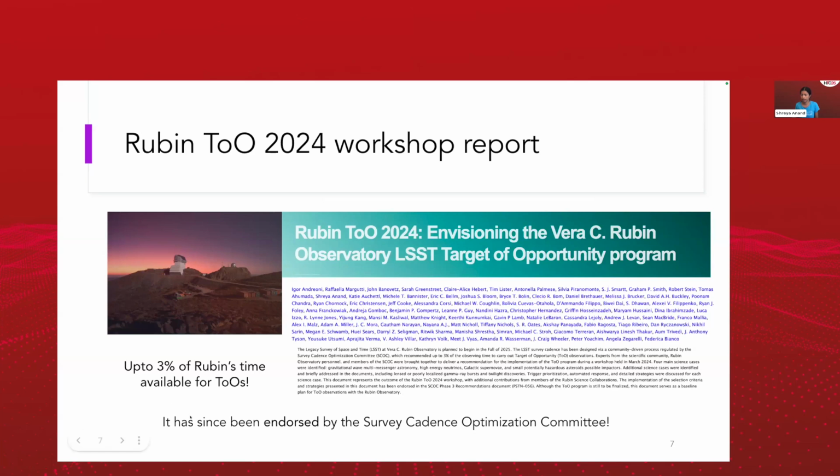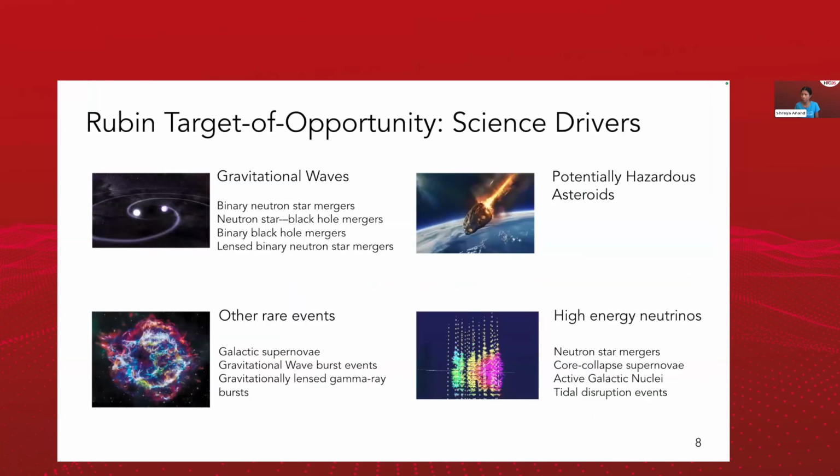And the punchline here is that we were able to secure up to 3% of Rubin's time for target of opportunity follow-up, and outline the various science cases and the strategies that we want Rubin to adopt for conducting its TOOs. So this has since been endorsed by the Survey Cadence Optimization Committee.